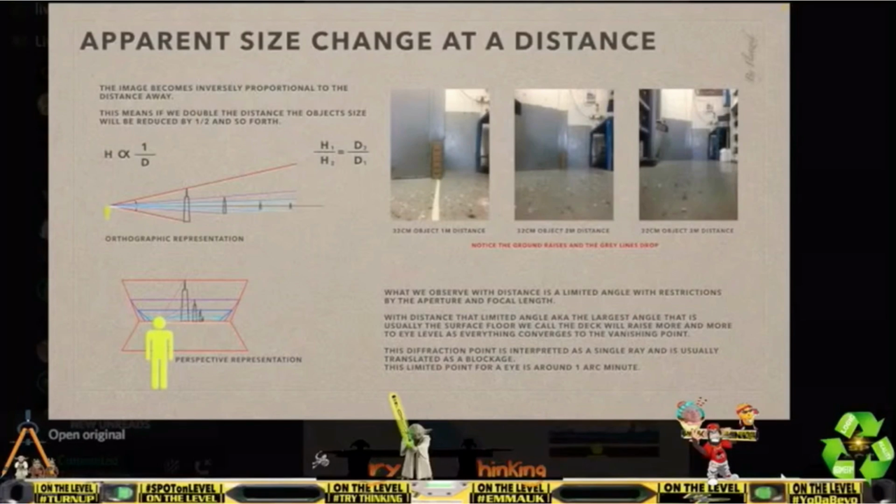Just the interesting fact, the limiting point for your eye is around 1 arc minute, which, strangely enough, if you take it to the Rayleigh criterion, 1.22, is about the same as what the Earth curve calculators push the horizon to from an observer's height. I think we had a representation of 1 arc minute, and I think that was around 900 meters away.